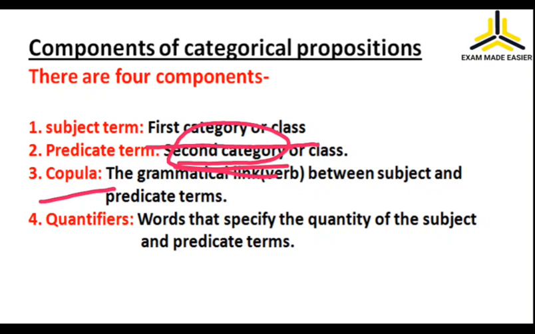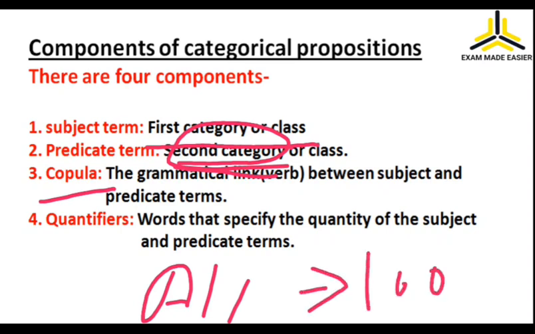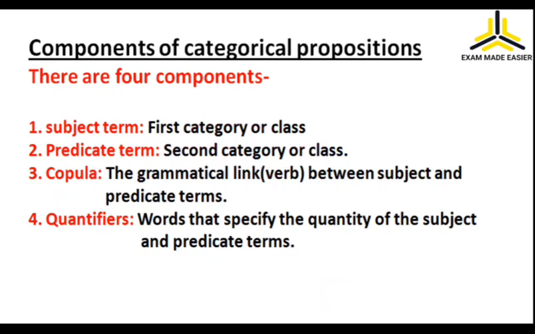That means they show how much quantity is present from the subject term and predicate term. If you use the word "all", it is giving you a quantity of 100%. We will understand this with a better example. Let's move on to the next slide.